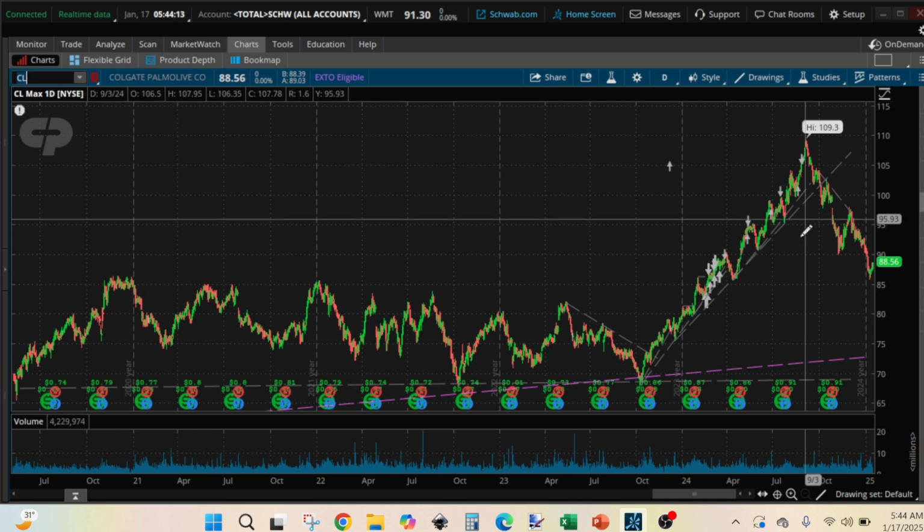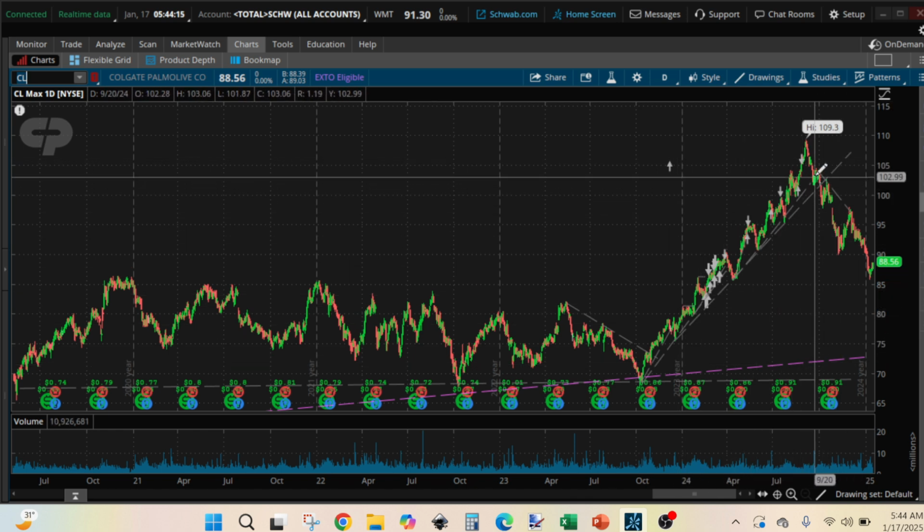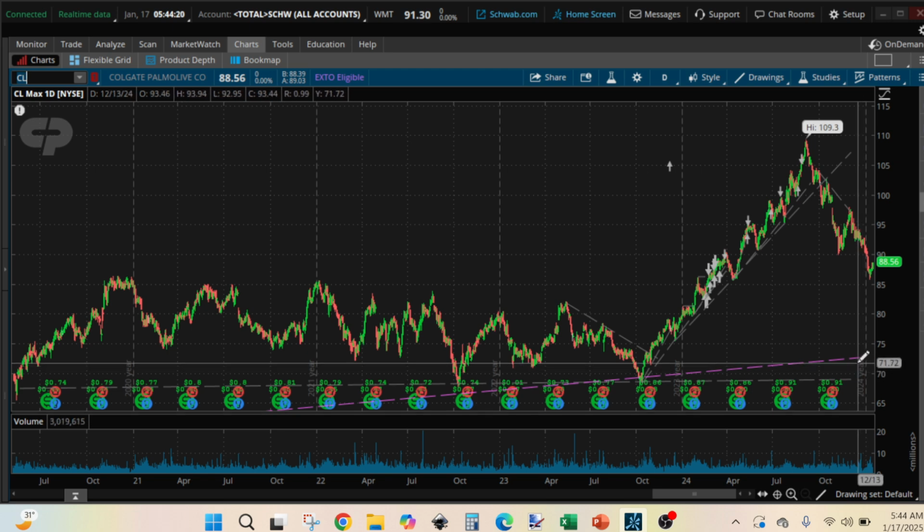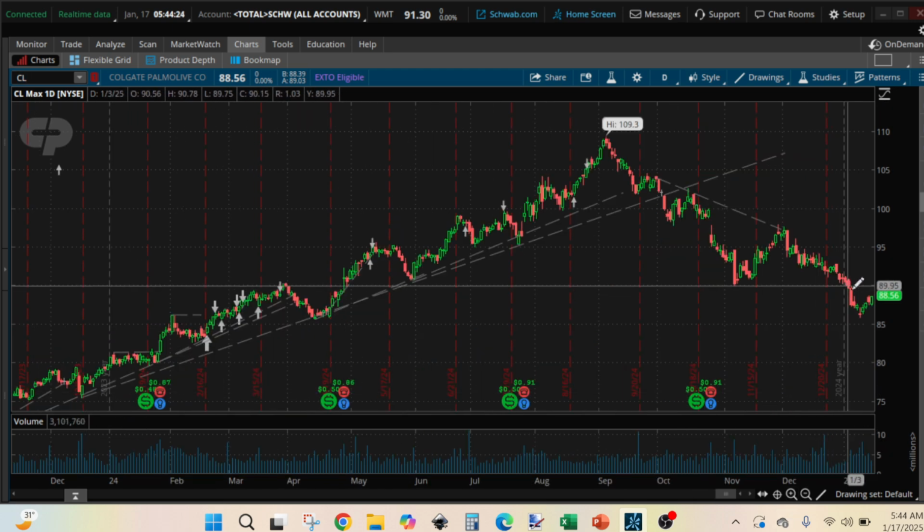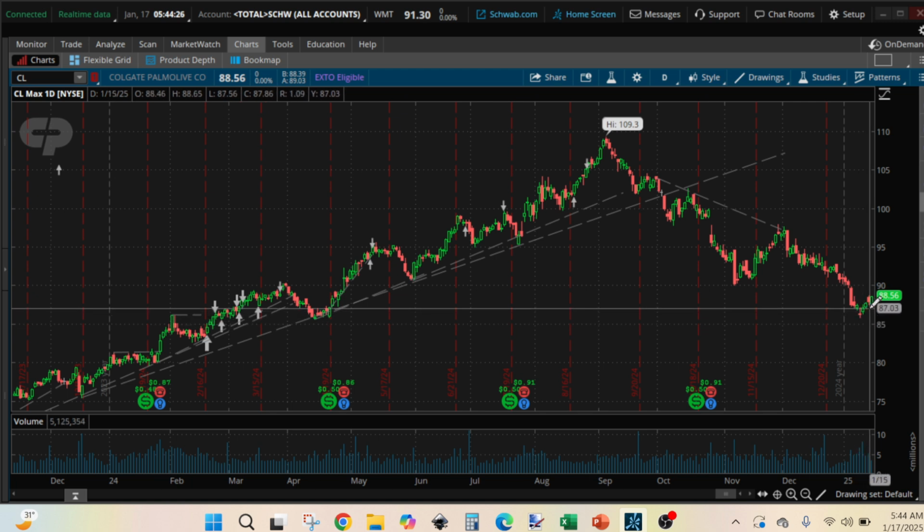CL, we traded in 2024 on this trend line. That trend line ended, is going down, but still far from the trend line we like to buy at. We are having a short uptrend line here.